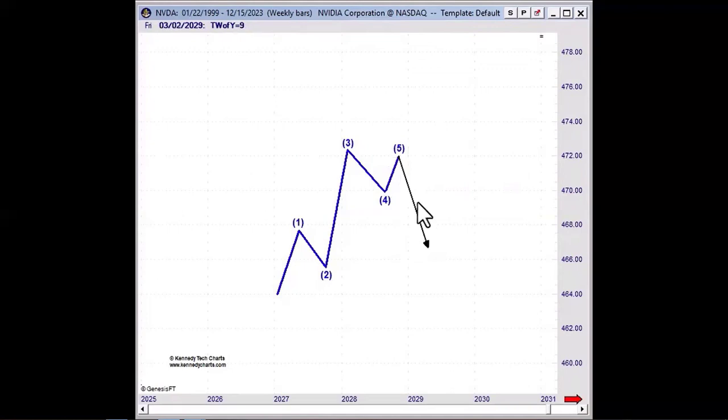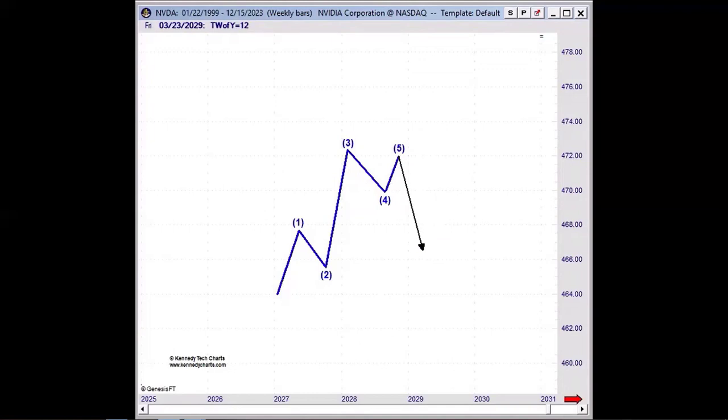And the reason why is because a truncation basically implies that there's hidden or underlying selling in a particular market, which is why the fifth wave move up is unable to make the new extreme beyond the wave three peak. There's a massive amount of selling going on in this market, which is unseen. That's why wave five is unable to make a new high above the wave three extreme, and that's why the initial move down is often quite decisive.